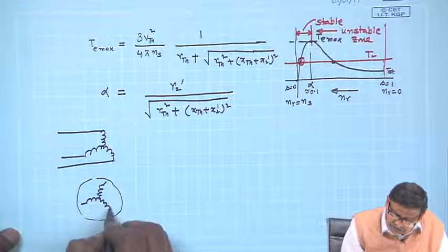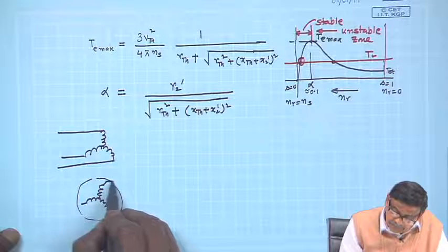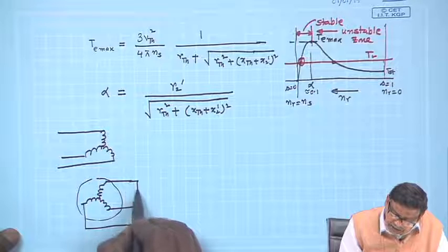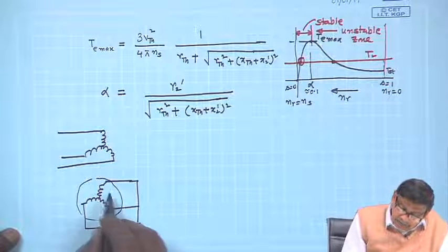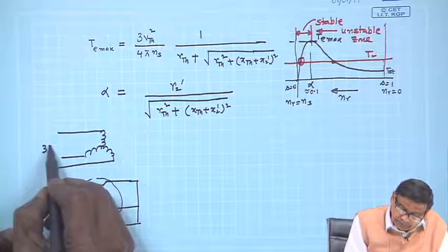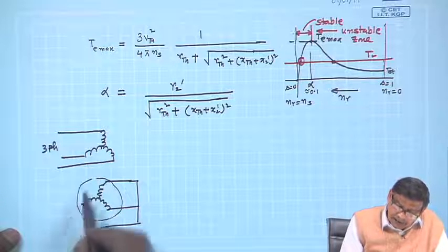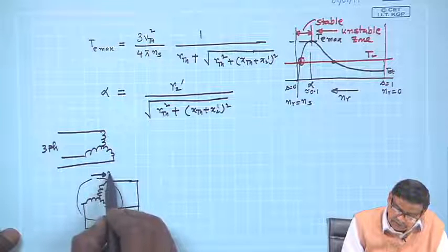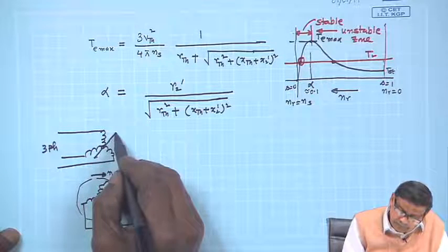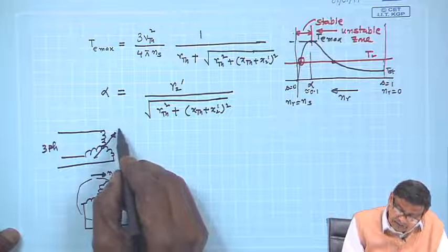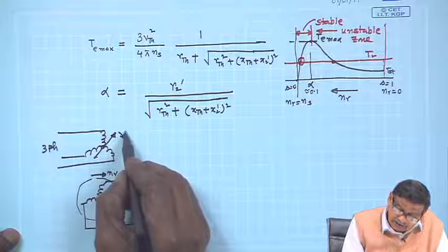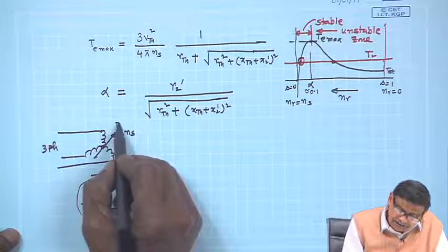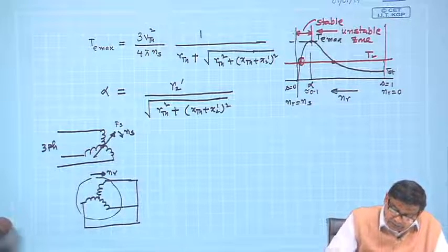I have assumed star connected for the time being, and these rotor terminals are shorted, and you give 3-phase supply here, and the machine stator field is produced, and the machine runs suppose in this direction, and obviously the net field is also moving in this direction with NS, stator field or main field, whatever it is.